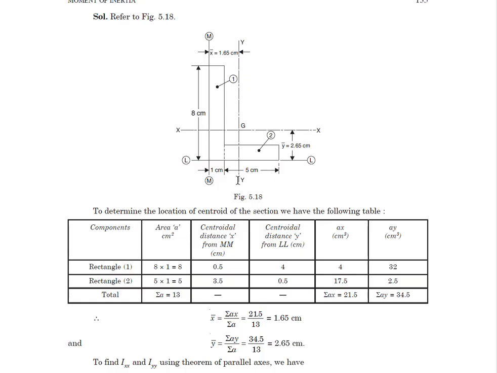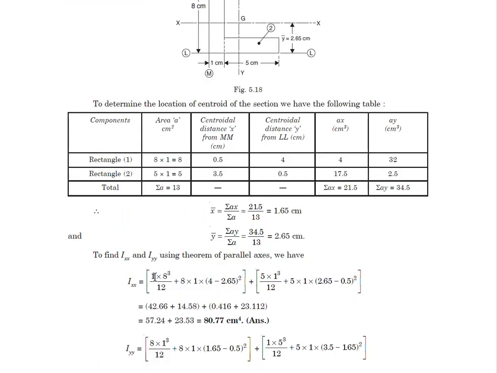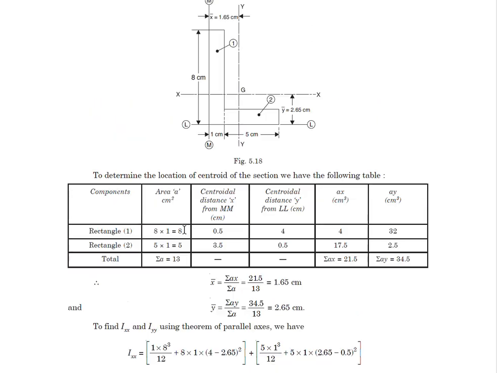So b is 1 centimeter over here, and you can see that it is 1 into 8 cube divided by 12. Now using the parallel axis theorem, because we want to find the moment of inertia of this L-shaped lamina about an axis passing through its CG.